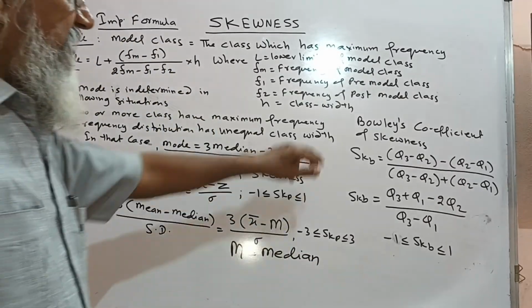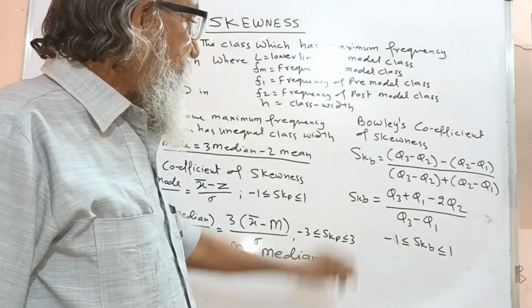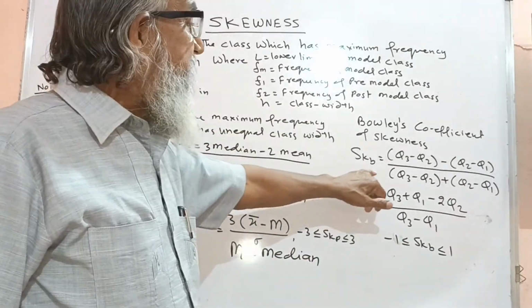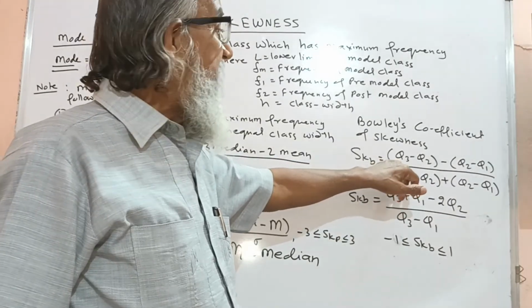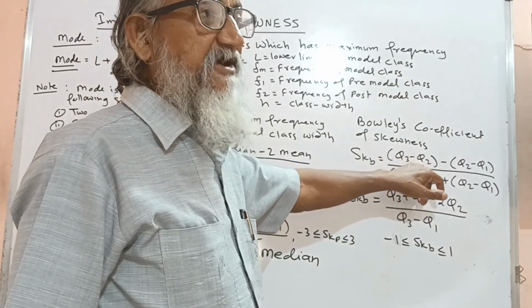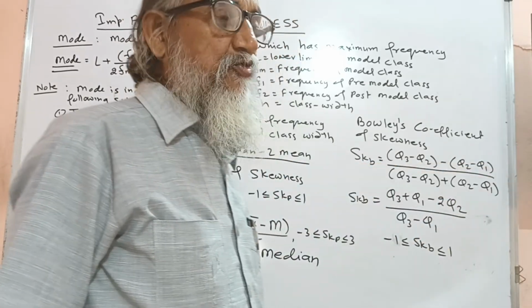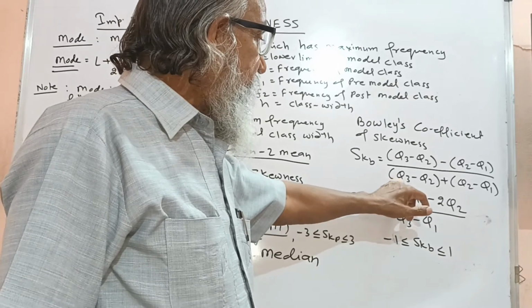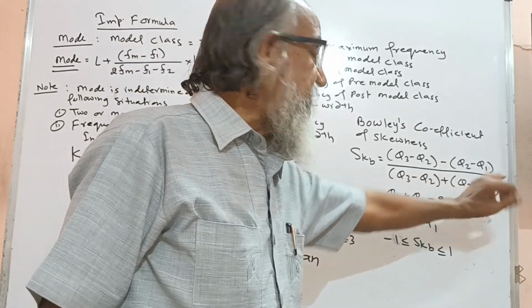Then the second formula is Bowley's coefficient of skewness. It is represented by SKB. Q3 means third quartile, Q2 second quartile, Q1 first quartile. SKB is equal to (Q3 minus Q2) minus (Q2 minus Q1) upon (Q3 minus Q2) plus (Q2 minus Q1).